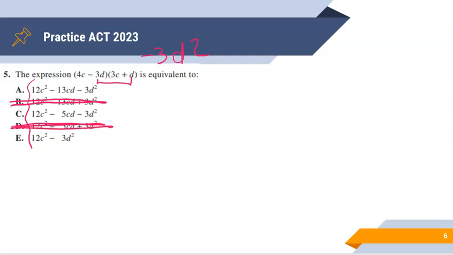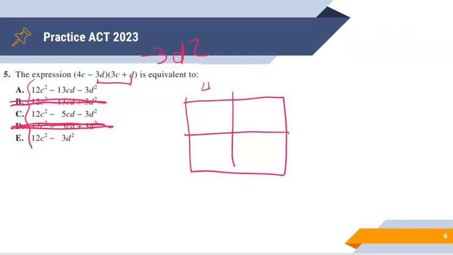Now, as for the rest, you can multiply it however you wish. I think a lot of people like to draw the box method for multiplying, which is fine to do. So we multiply these 2 pieces and we get 12c squared like we said.